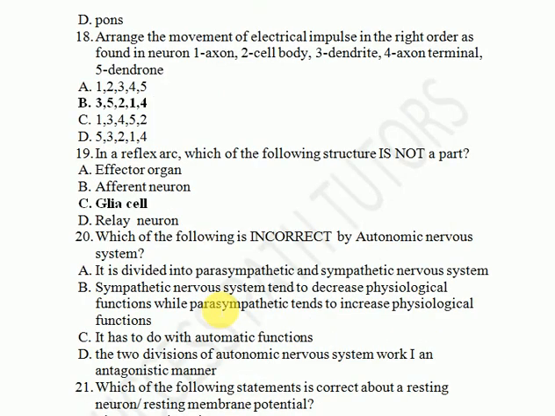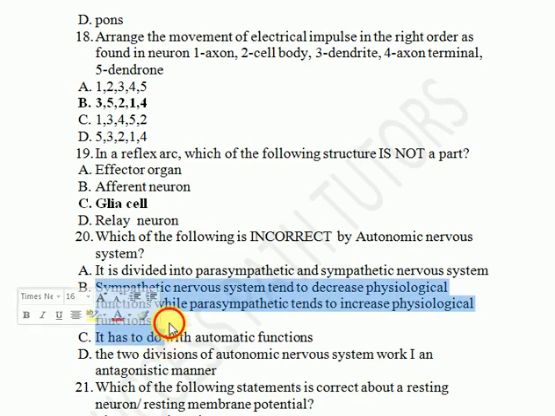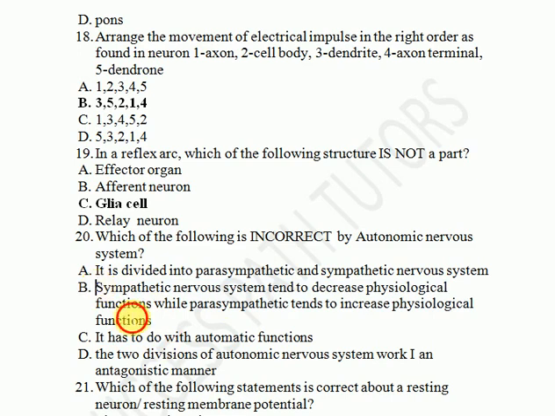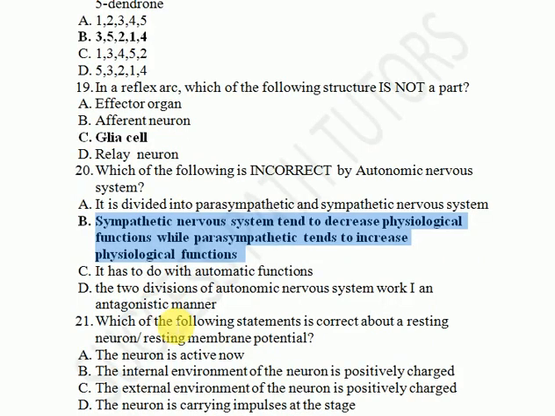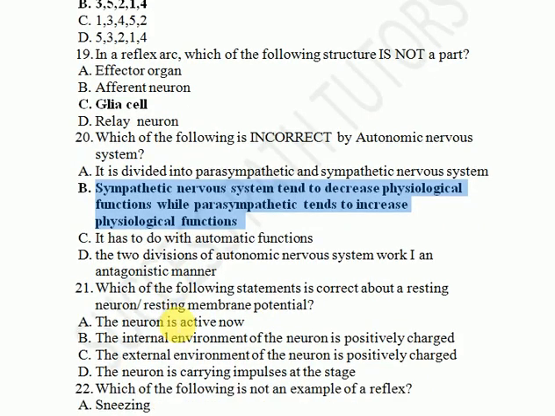Physiological actions are increased by sympathetic because it comes into place during emergency. So the answer to that will be option B. Every other option there are correct except option B.